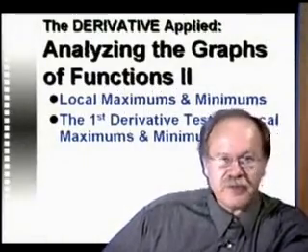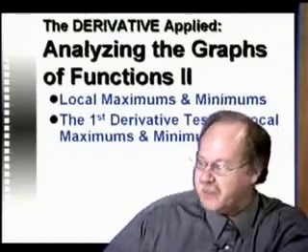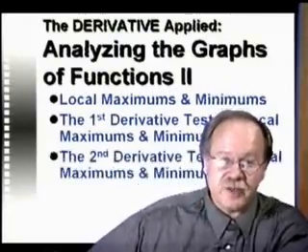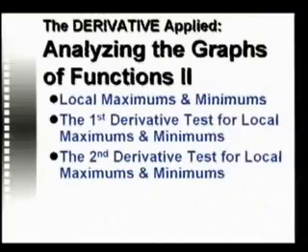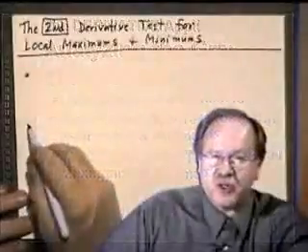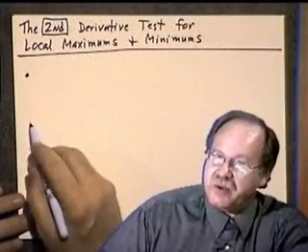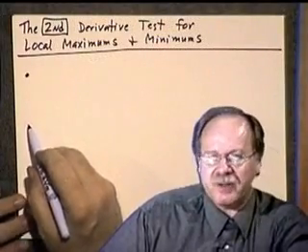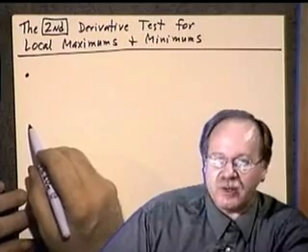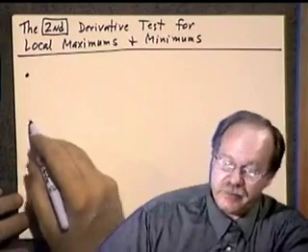Well, where there's a first derivative test for local maximums and minimums, you might expect there's a second derivative test, and you'd be right. The second derivative test, well, if we have two tests, which one should we use? Well, it really doesn't matter, except that there's some rules of thumb that will allow you to pick one that might be a little more computationally easier than the other.